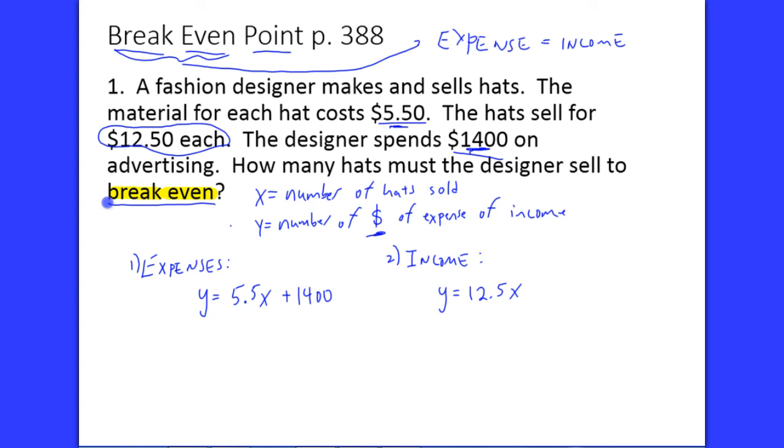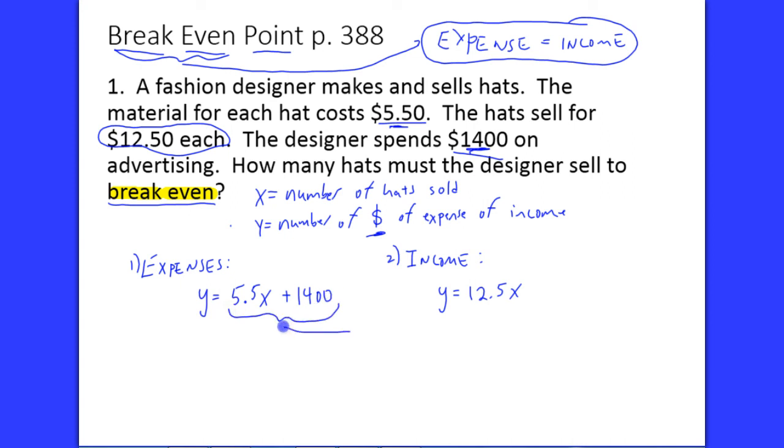They're spending this large amount of money to make the hats, so they want to know how many hats they will have sold to have made back all of the money they spent on expenses. So we want to let the expense equation equal the income equation. In other words, this is basically a substitution problem.